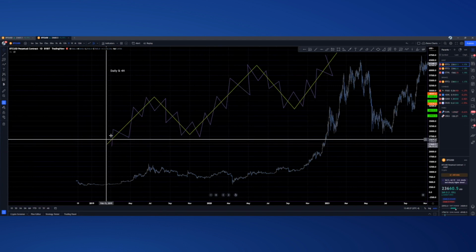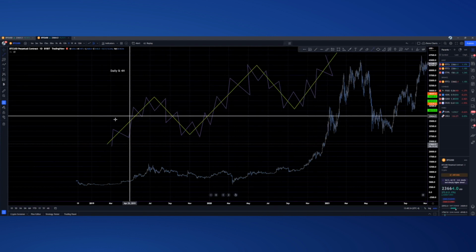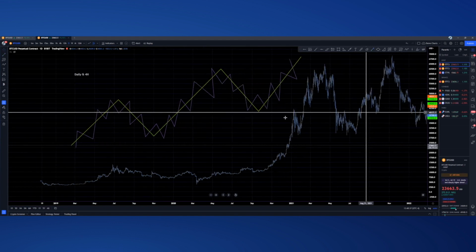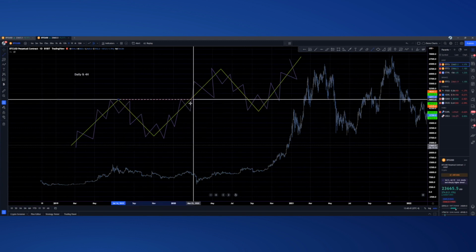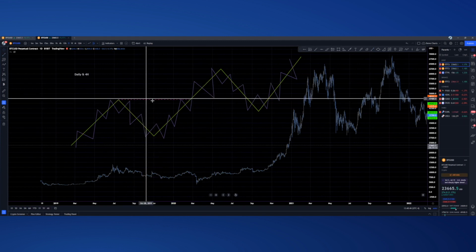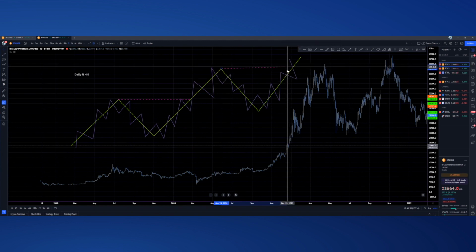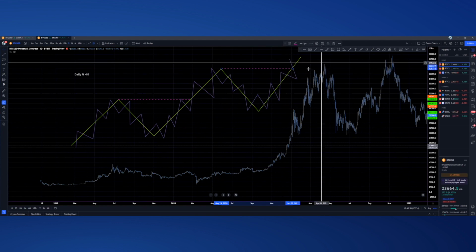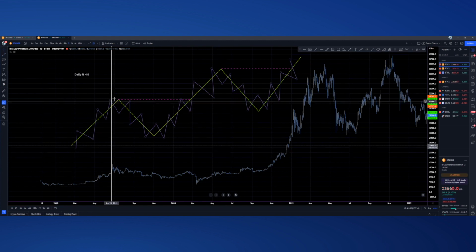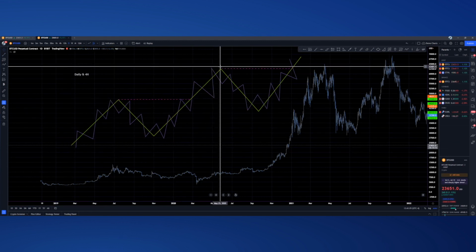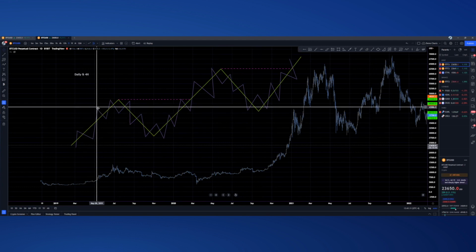Now, obviously, the green line is our major structure. All right. So now if this green line is our major structure on the daily, the purple is our 4 hour major structure.